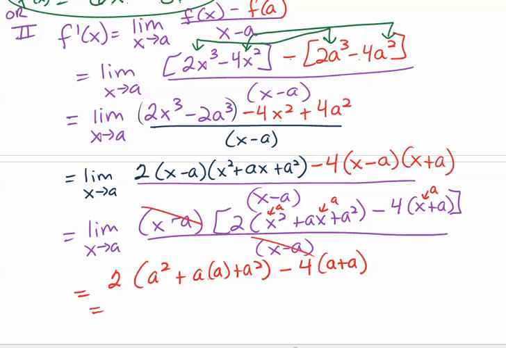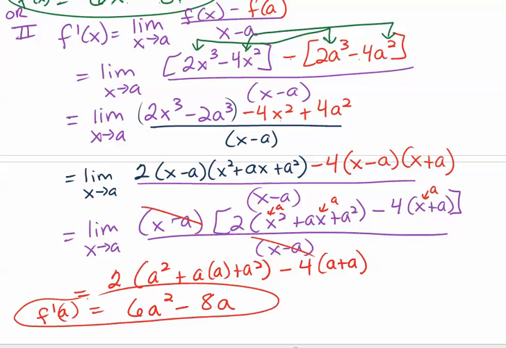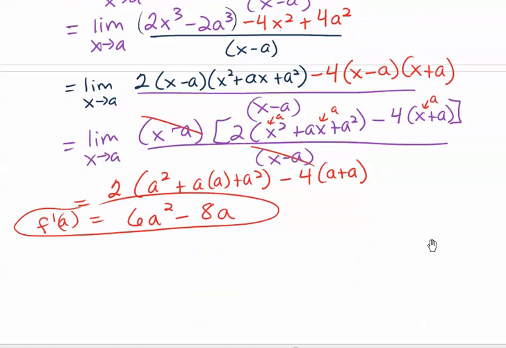So notice what we've got here, 2 times 3a squared, so there's our 6a squared. And here we've got negative 4 times 2a, so there's our negative 8a. So this one we can write as f prime of a as our formula here. So both matched our difference quotient.